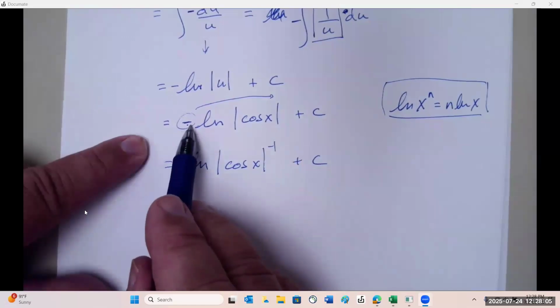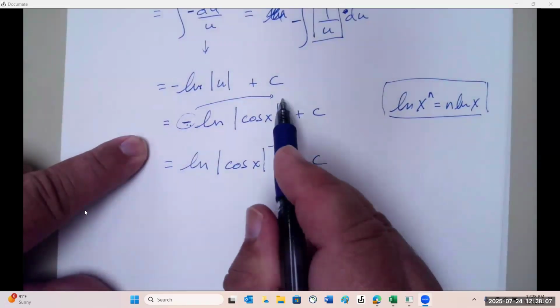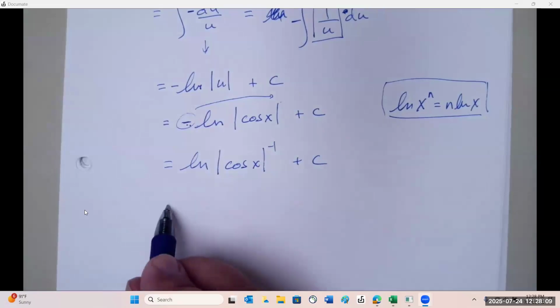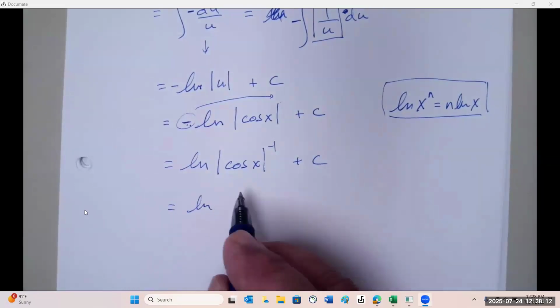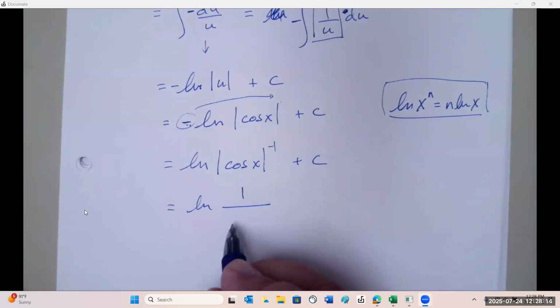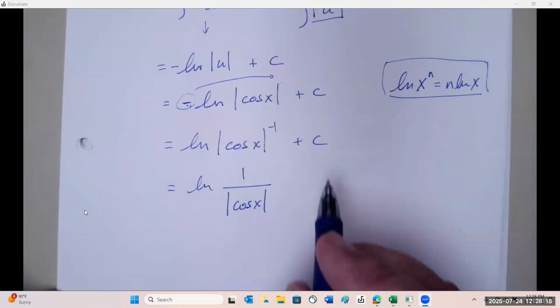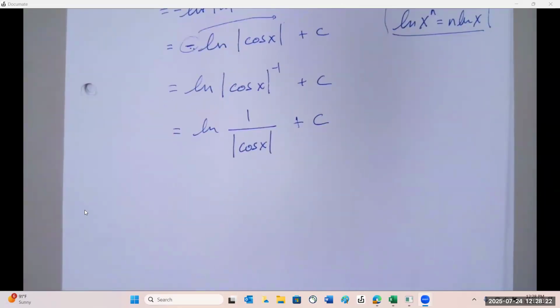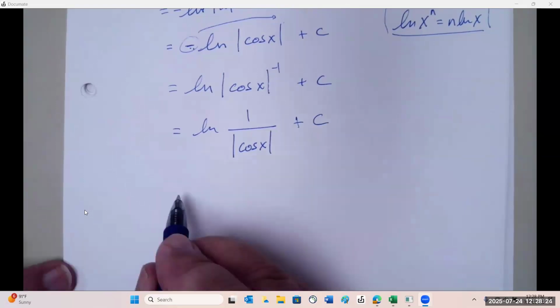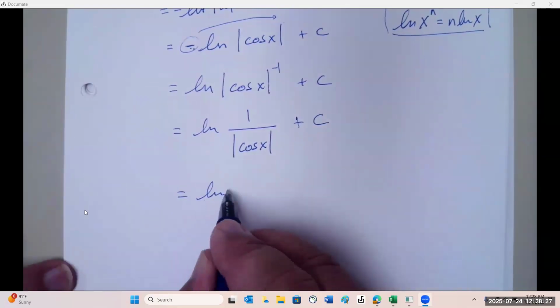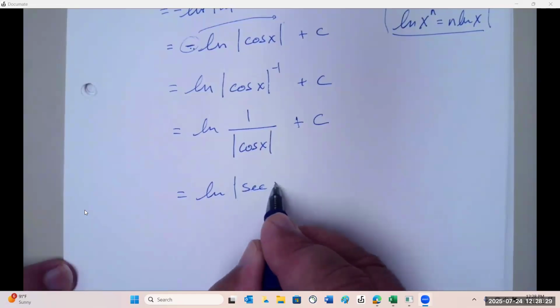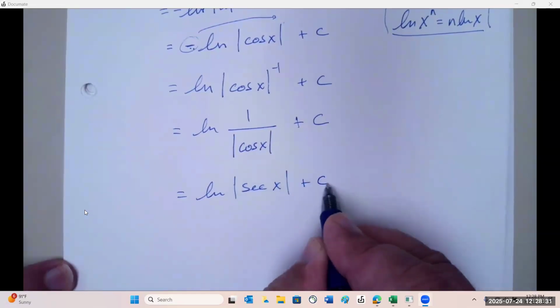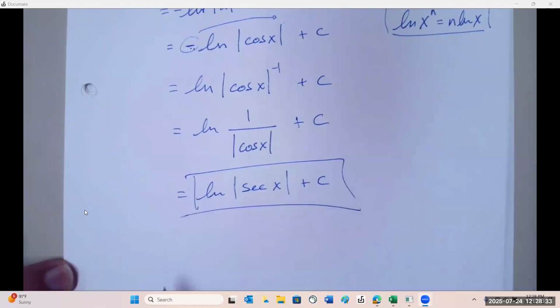Since we have a -1 coefficient, it becomes a -1 exponent. Which means, what is 1 over cosine? So it's the absolute value of secant of x. That's my answer.